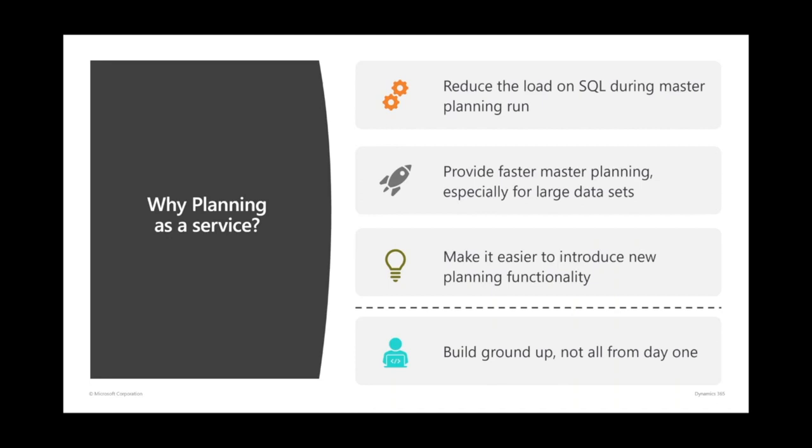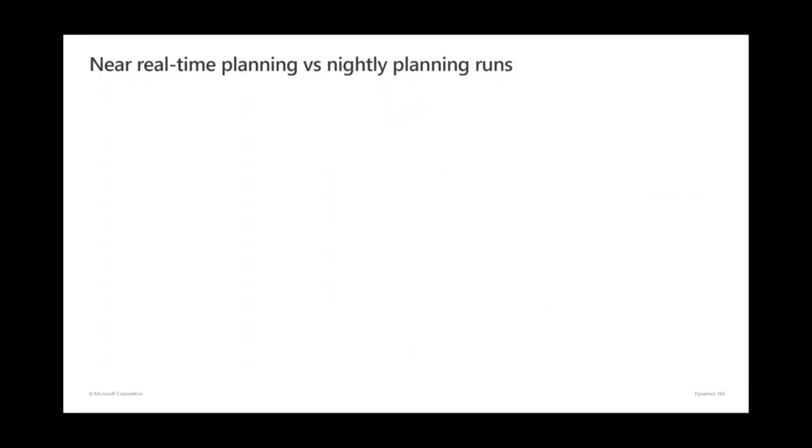We are building up new capabilities after that until we reach the complex scenarios, right? So you need to understand that we are built ground up, but not everything is available from day one. Okay. So at the end, as I follow with my presentation, you will see that we get the whole execution of MRP out. But let's continue with the presentation here.